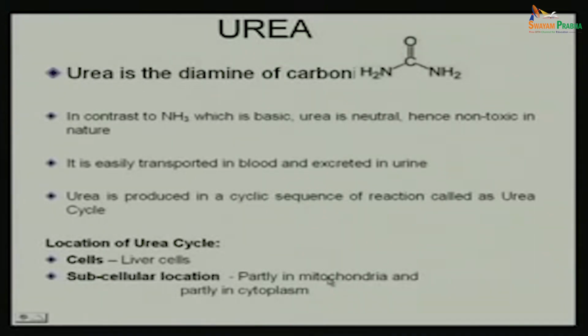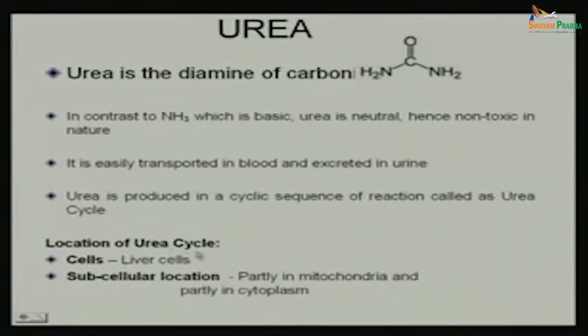In the glycolytic process, we have seen that glycolysis takes place in the cytoplasmic fluid, and the TCA cycle takes place in the mitochondria, but this urea cycle takes place partly in the mitochondria and partly in the cytoplasmic fluid. So this is the particular cycle.